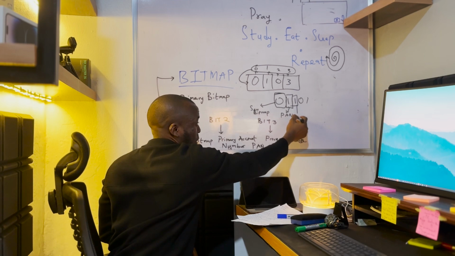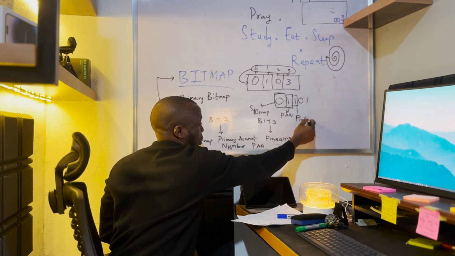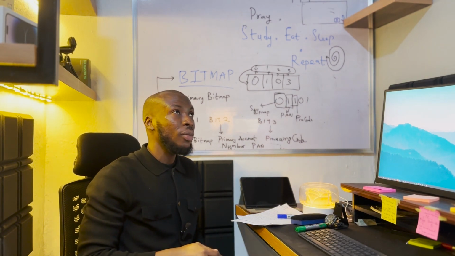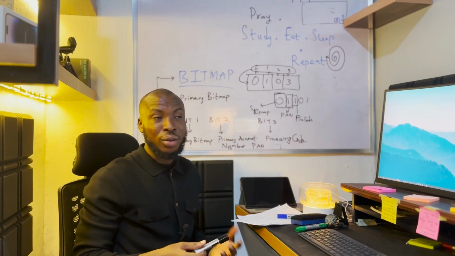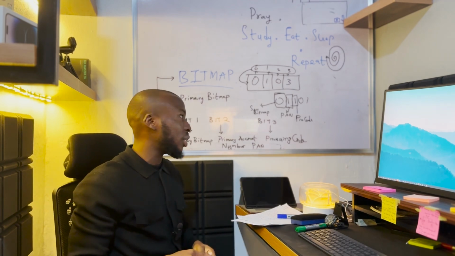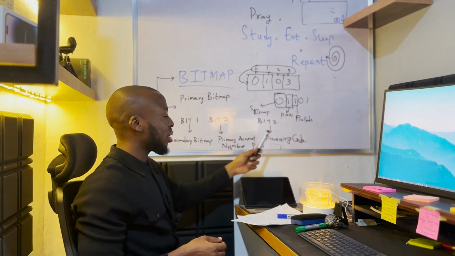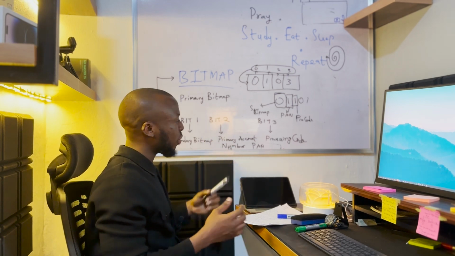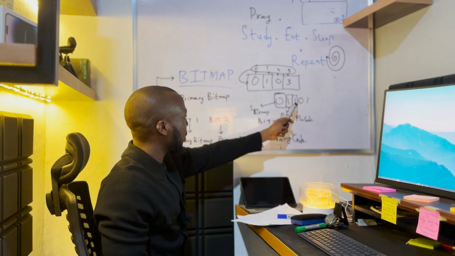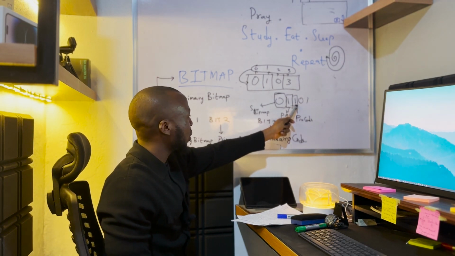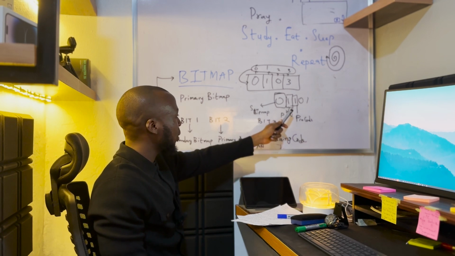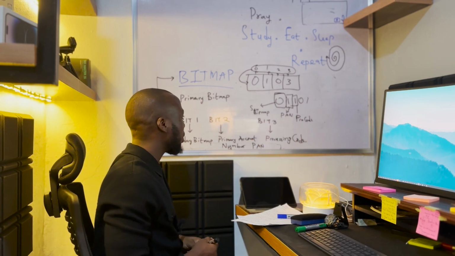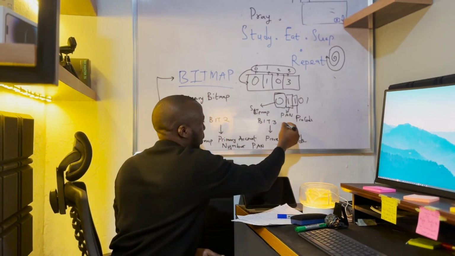So you can just call this pro code. And the processing code is something like deposits, withdrawal, balance inquiry, and the likes. That's what the pro code tells. So with the processing code, you can tell what action the ISO message wants to perform. That's basically what it is. And the third bit, which is the third field, is used to tell you if the processing code is contained within the ISO message.